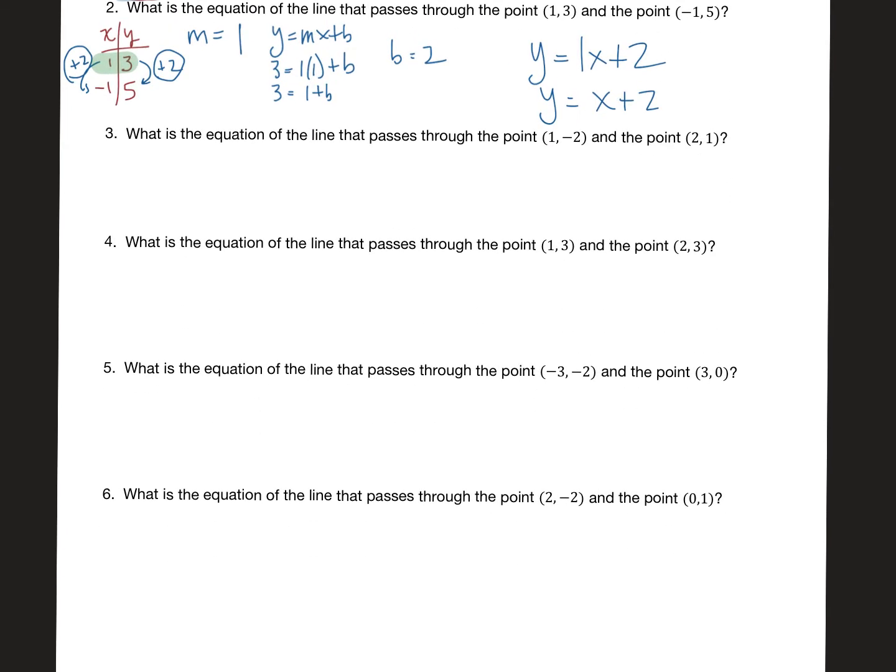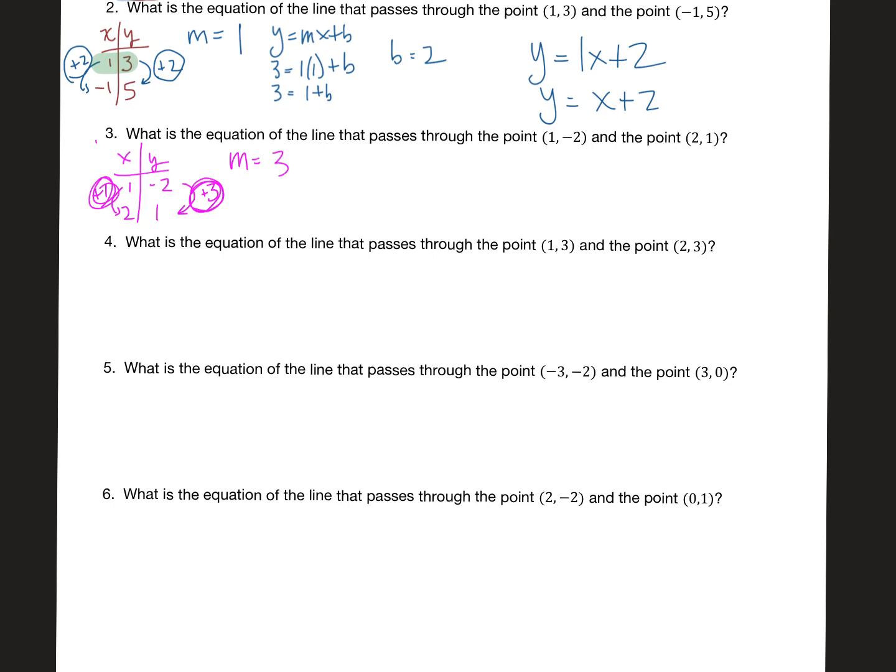All right, scooting it up. And again, doing the same thing over and over. You will put the 2 ordered pairs, 1, -2 and 2, 1, into a table so that you can easily figure out the change of y, in this case adding 3, and the change of x, this is adding 1. The slope is the change of y over the change of x, so in this case it is 3.